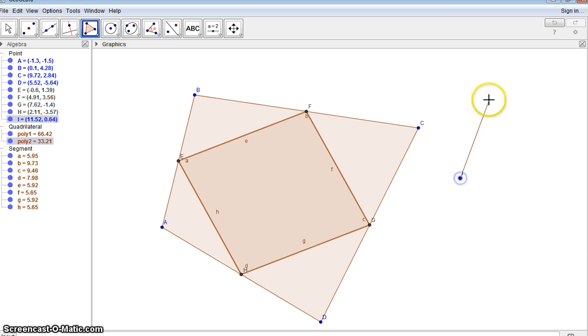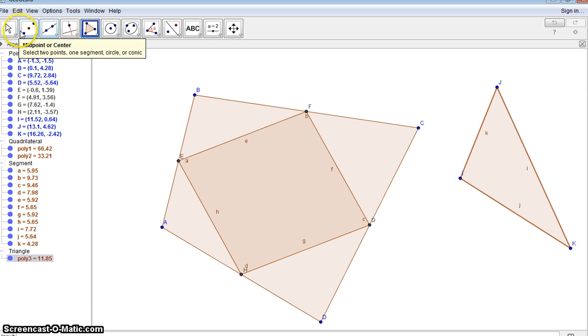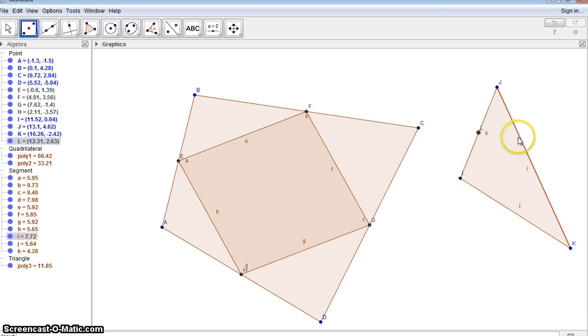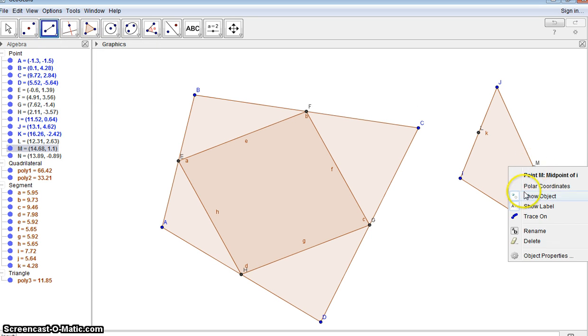So let's take a look at a triangle, any triangle, and let's find the midpoints of the side segments of the triangle. And let's connect one pair of mid-segments.